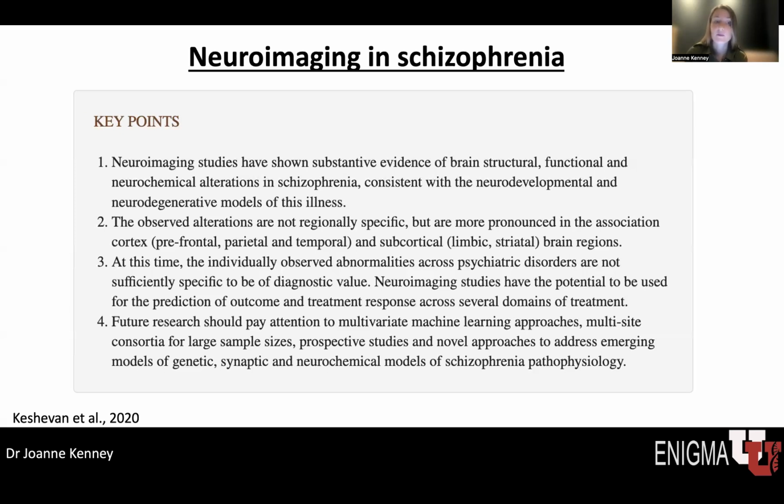What this paper suggests is that future research should pay attention to multivariate machine learning approaches, multi-site consortia for large sample sizes, such as the ENIGMA consortium, for prospective studies, and novel approaches to address emerging models of genetic, synaptic, and neurochemical models of schizophrenia pathophysiology.